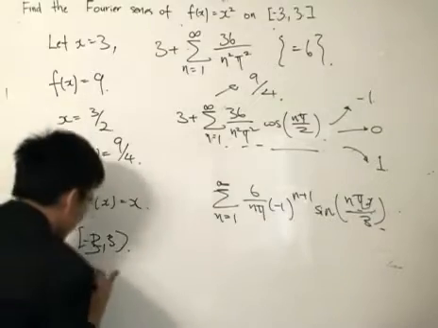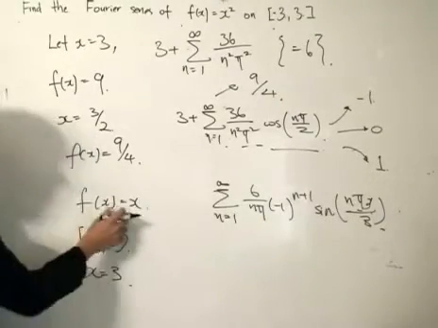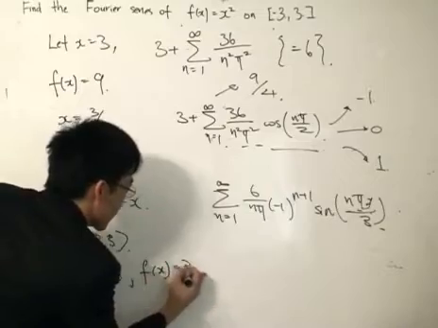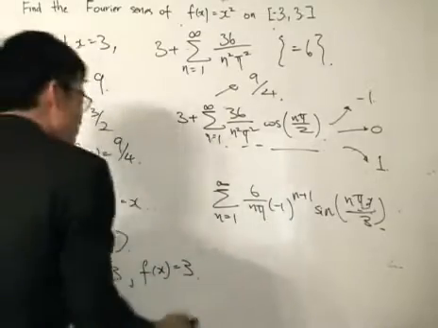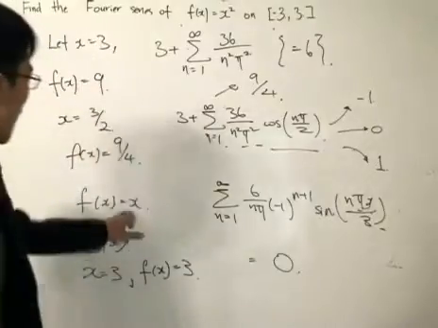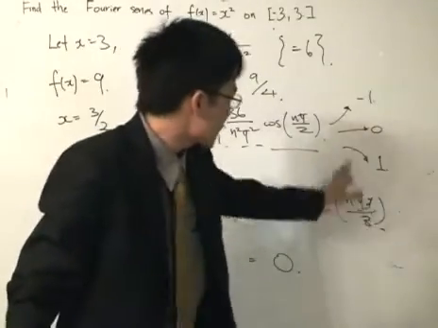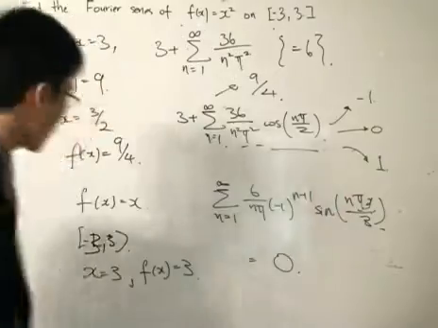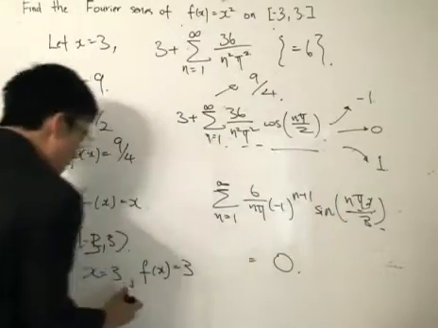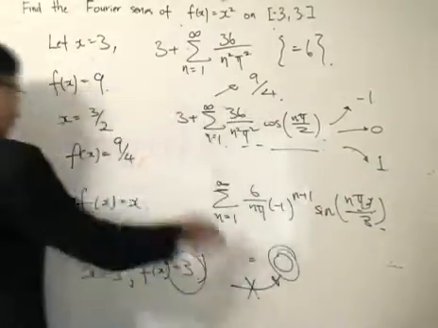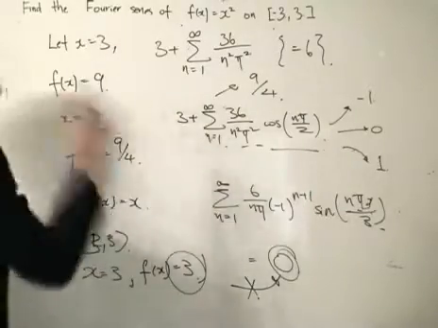If x equals 3, the function f of x is equal to 3, no surprise about that. However, the Fourier series is going to give me 0. Can we see that? Substitute x equals 3 inside, the sine function gets eliminated. So you are taking the summation of 0. Obviously in this case, we see that the Fourier series does not agree, explicitly.